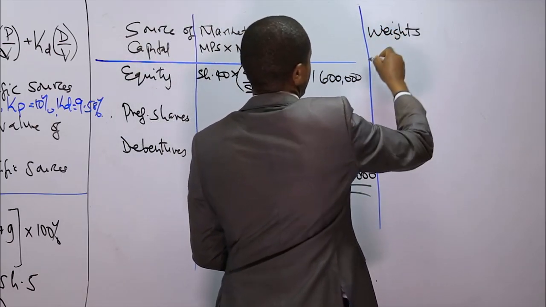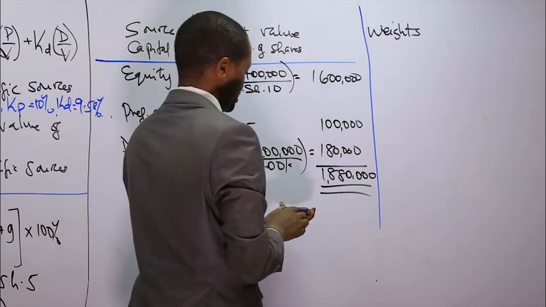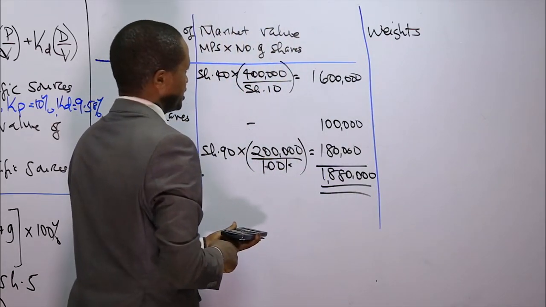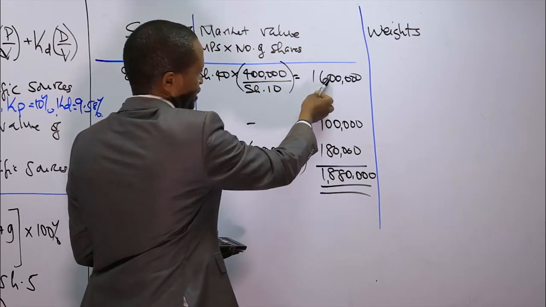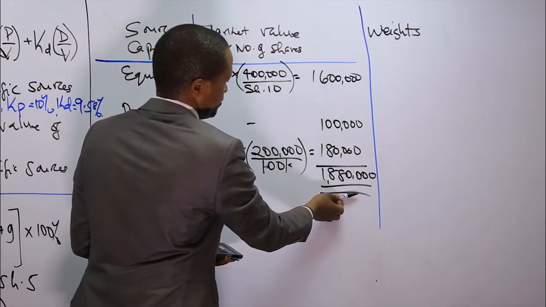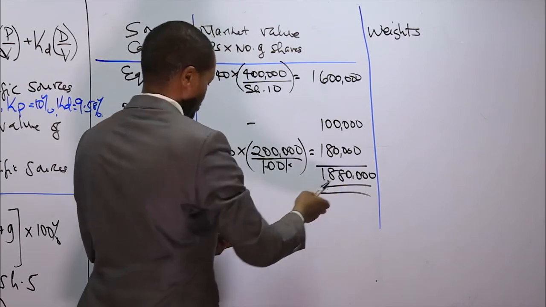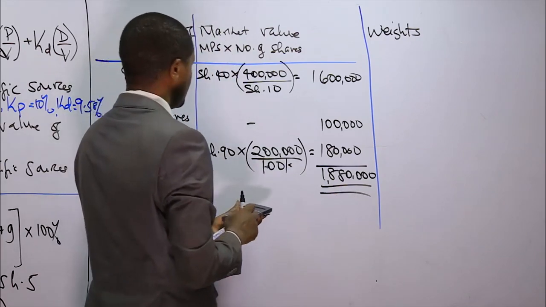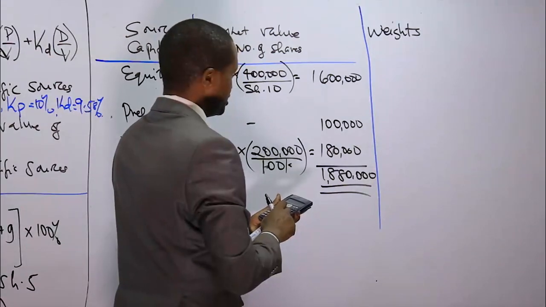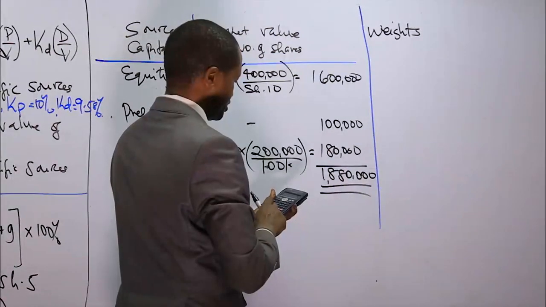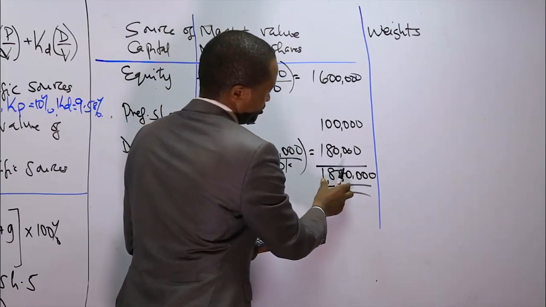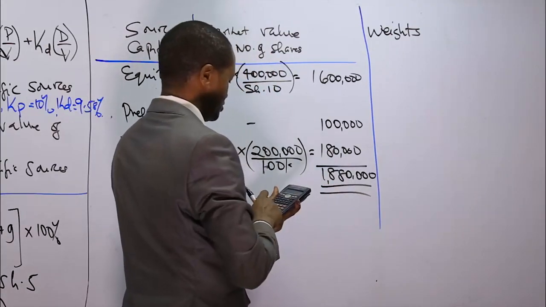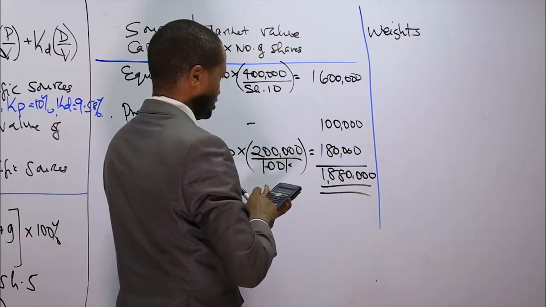And how do you determine the weights? Simply take the market value for a specific source, divide by the total market value. For instance, the equity weight will be equal to 1.6 million divided by 1,880,000.